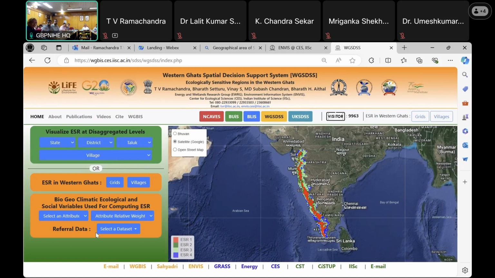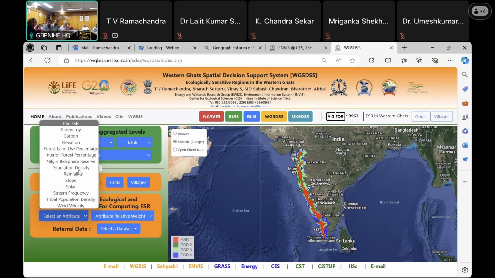And we compiled all the information related to the biogeographic, climatic and social variables for each grid. Then we integrated that information and assigned weights. Based on the weights, we had 4 groups of grids: ESR1, ESR2, ESR3, like that.